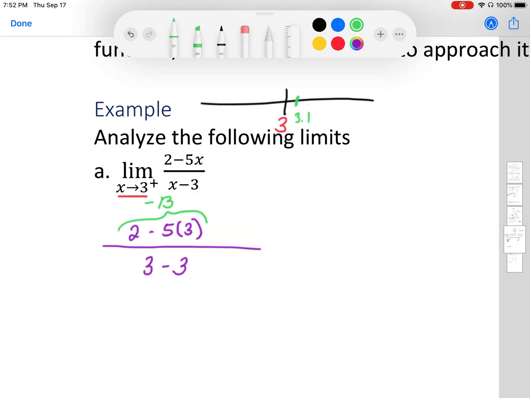In our denominator, we're plugging in 3, but we're mentally trying a number that's slightly bigger than 3 because we have a plus. So in your mind, think 3.1, but really we want 3. So we know at 3 it's 0, but if we think of a number that's coming in from the right, it's going to be 0 and positive.